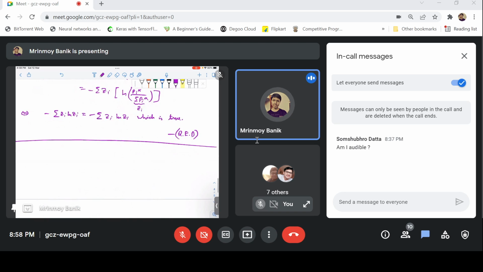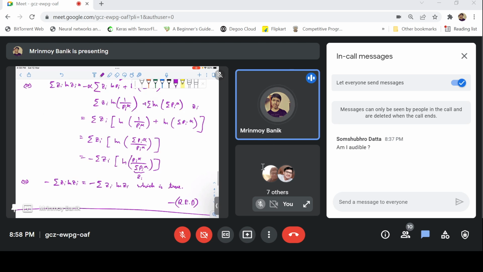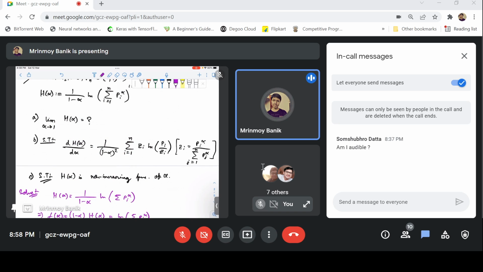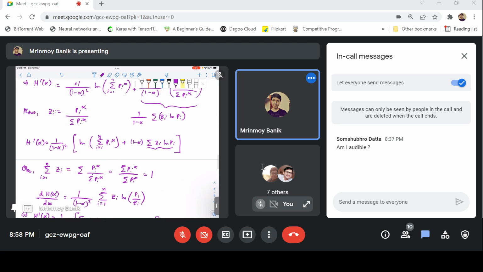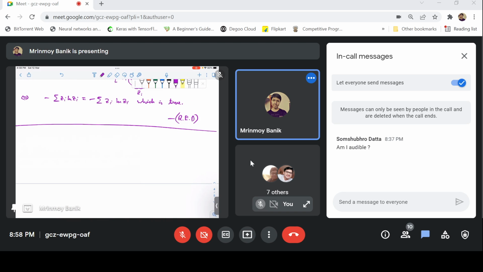So it was just plain and simple algebra, nothing more. We are left with the last part. So show that h alpha is non-increasing function. So 1 minus alpha squared times h dash alpha from the previous one.